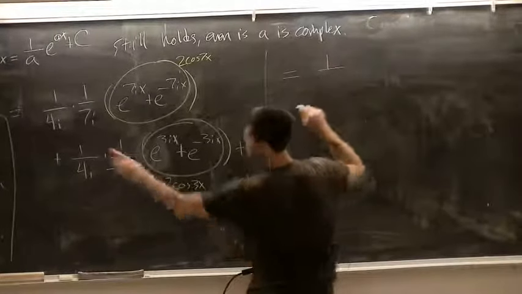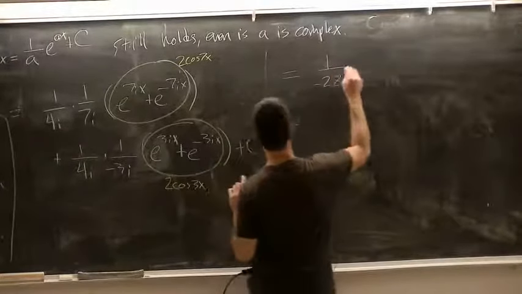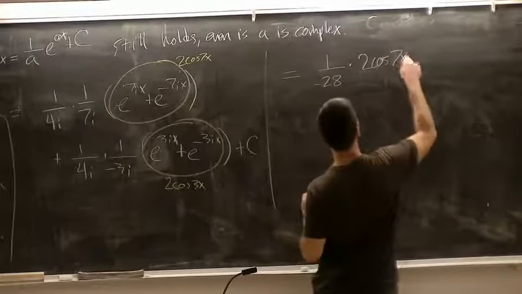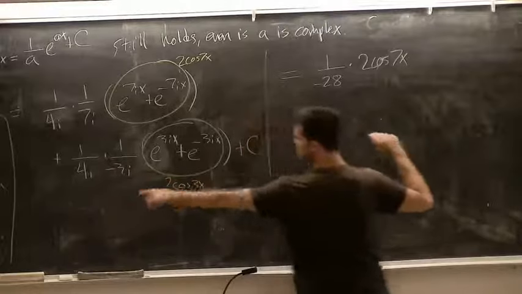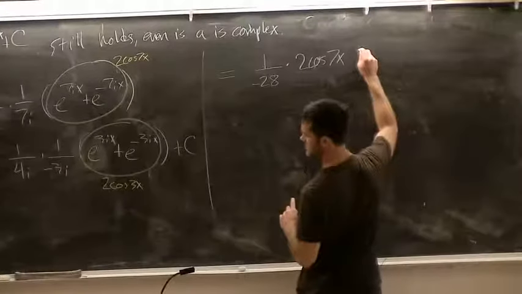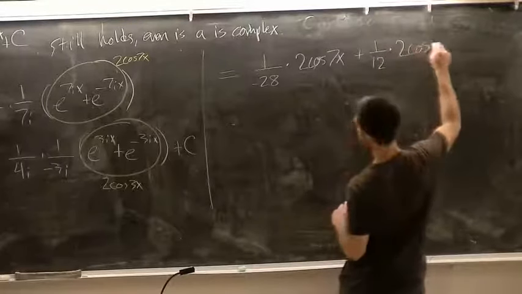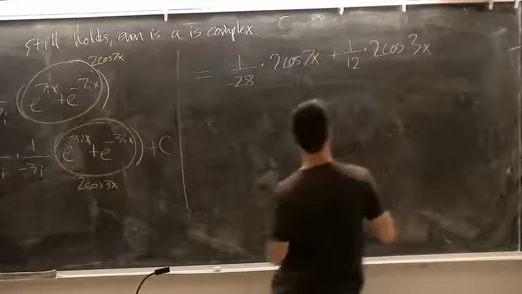So let's see, I got a 1 over negative 28 times 2 cos 7x, and then plus 1 over 12 times 2 cos of 3x.